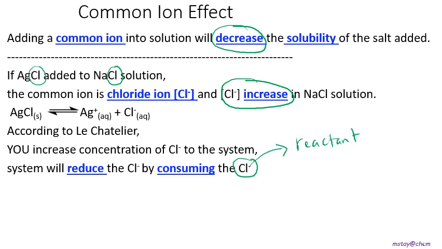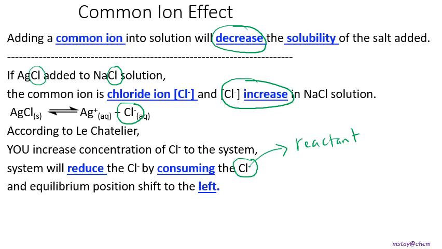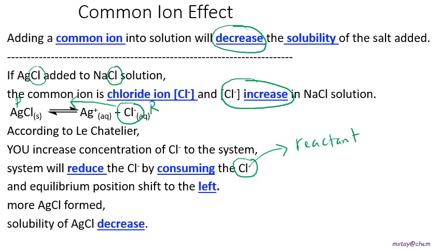When the Cl negative acts as the reactant, the equilibrium position will shift to the left. Due to the shift to the left, more silver chloride will be formed, and this means that the solubility of the silver chloride is decreased.